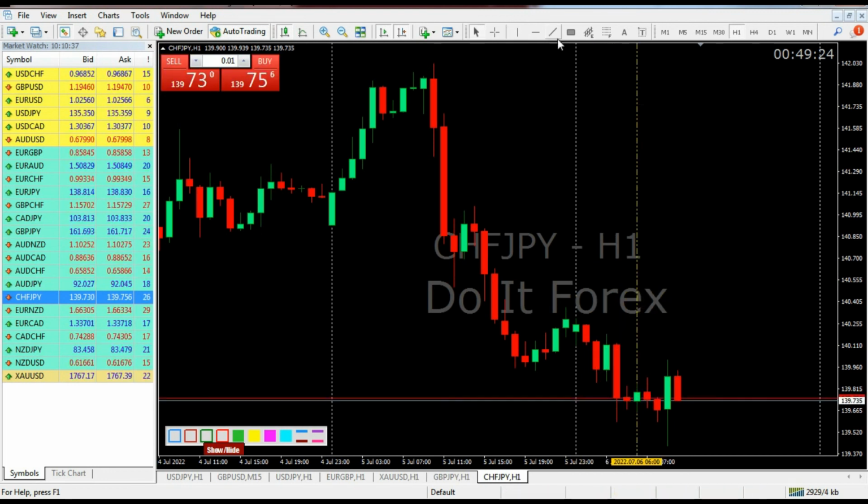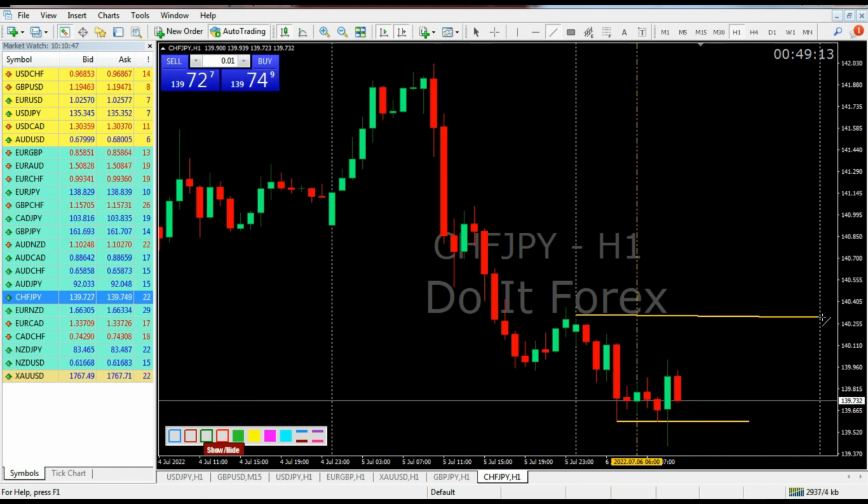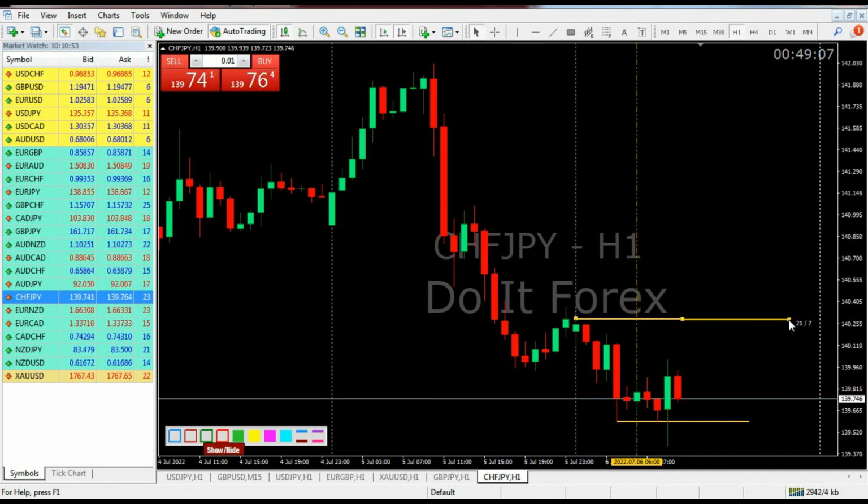So we identify the lowest. This is the lowest guys, and this is the highest of the candle. You can choose this one. This is the highest.